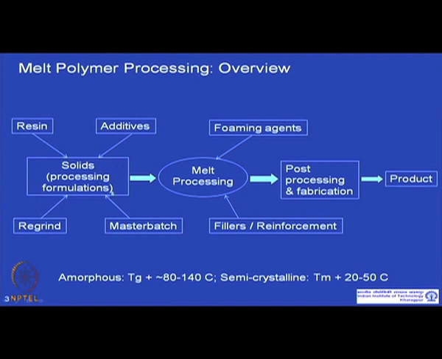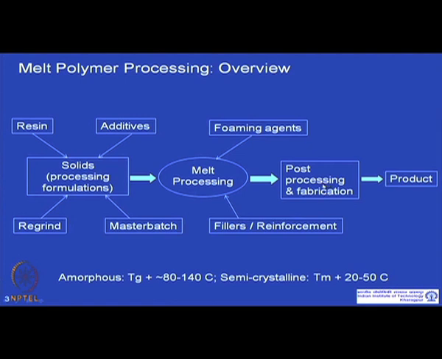So, this is the formulation, and then it is taken to melt processing steps like extrusion. It could be 2-step extrusion followed by molding, or it can be just an extrusion step, and then you finally get the specimen, where some post processing steps are done.